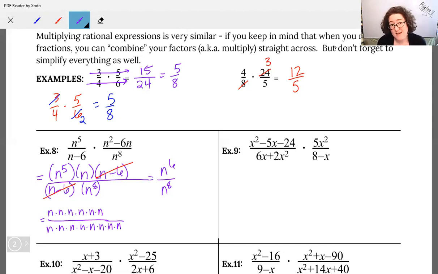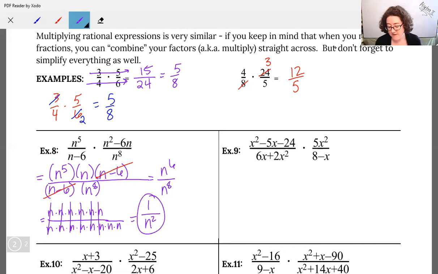And so then again, I can only simplify out when I have a matching factor in the numerator and denominator. So I can just go along, cross out the ones that match, and all I'm left with is those 2 n's in the denominator. So n squared. But again, if we canceled everything out of the numerator, what should we leave as a placeholder? The 1. And that's our final answer.